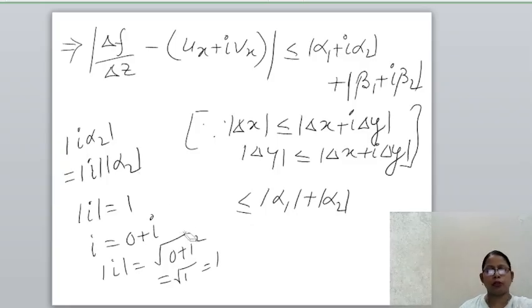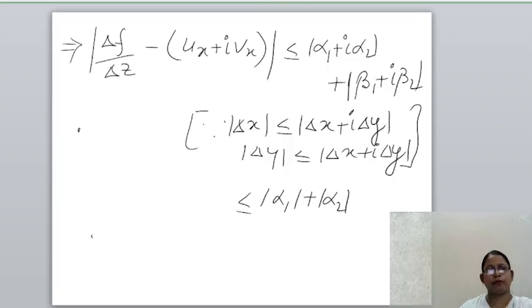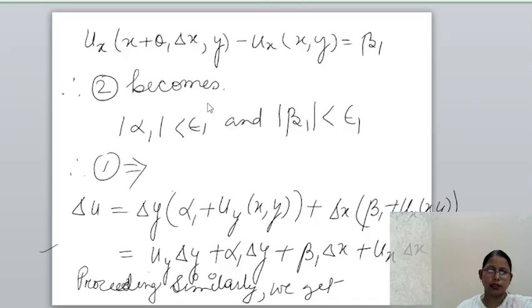So using |i| = 1, we will get this way, plus β1, and by similar argument I have this one, and this value is my epsilon 1, and this value is epsilon 1.